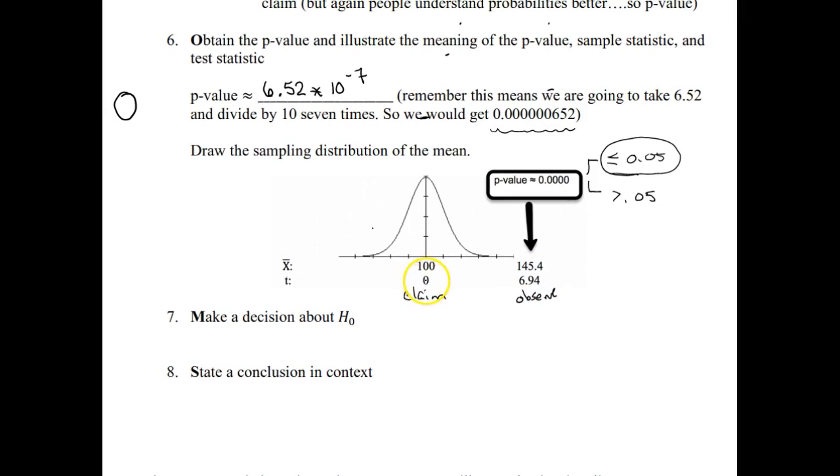We think the parameter is shifted to the right, that it's higher than that. So in step 7, M for make a decision, we're going to say since this p-value is less than or equal to our alpha value of 0.05, we are going to reject the null hypothesis H sub 0.